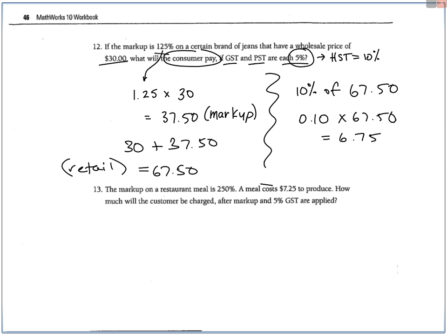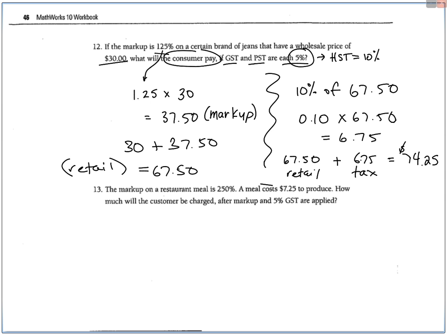You just slide the decimal once. That's how I did that so fast. And then you take your retail price plus the tax, and then you get what the consumer will pay. So 67.50 plus 6.75, 74 bucks and 25 cents.